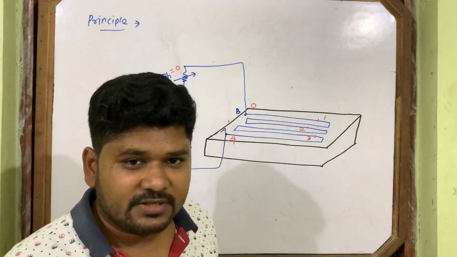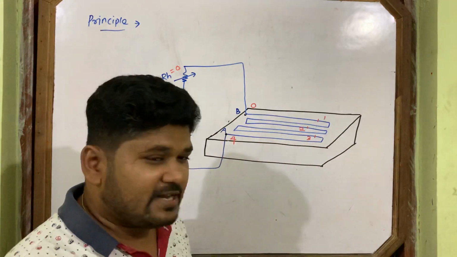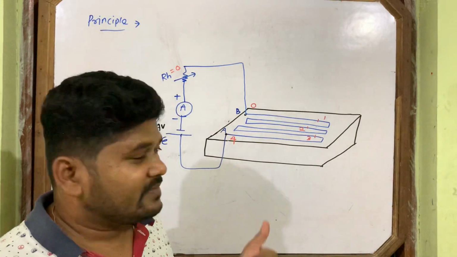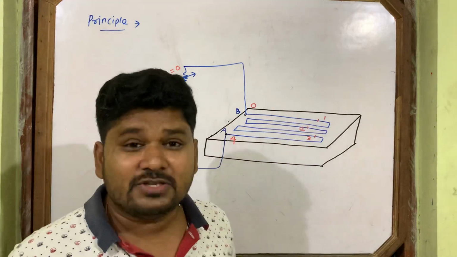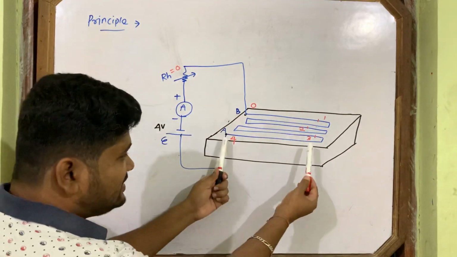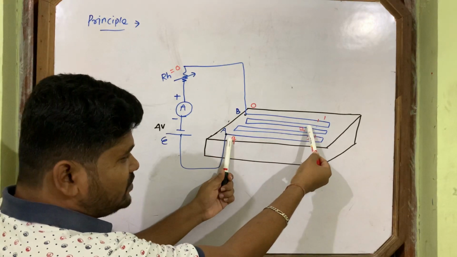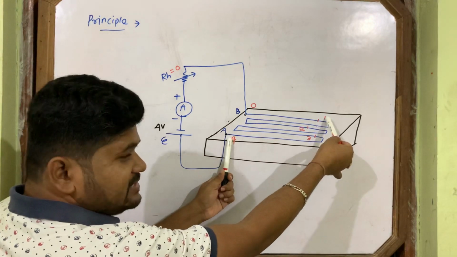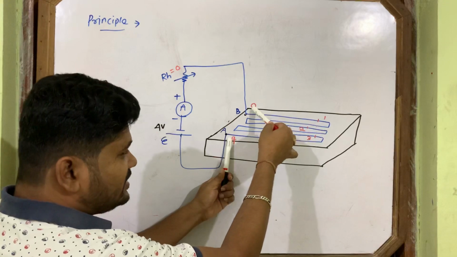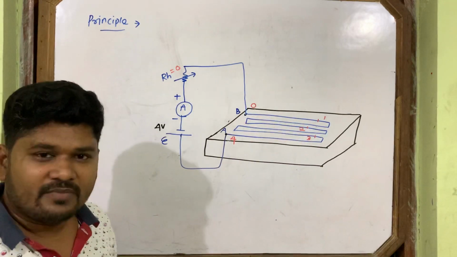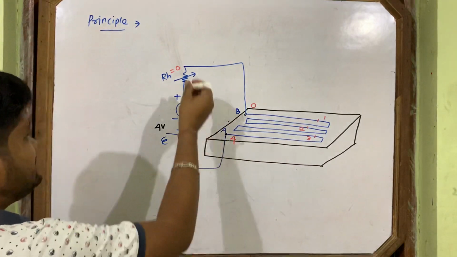Mark this: when the difference of potential increases, the length of the wire also increases. You see, small length, small difference; length increases, 2 volt; length increases, 3 volt potential difference; length increases, 4 volt, the whole length. So what is the principle?